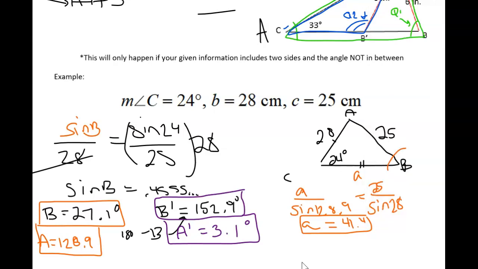Finishing the second possible answer, I have side A prime over sine of 3.1. Now we're talking about angle A being ridiculously small, so I should get a side length smaller than either 25 or 28. I'm going to use the same ratio, and this time I'm going to multiply both sides by sine of 3.1.